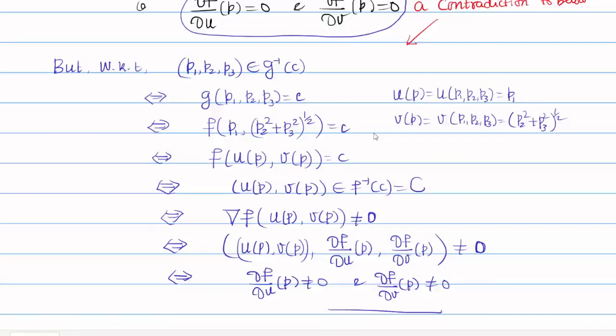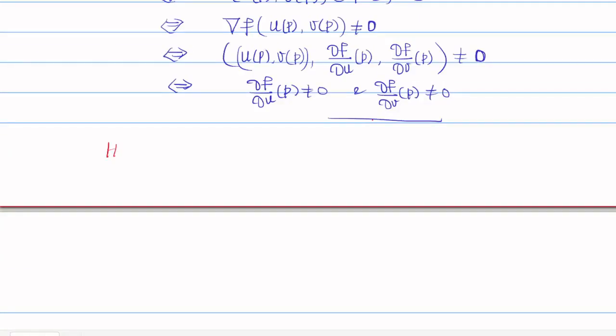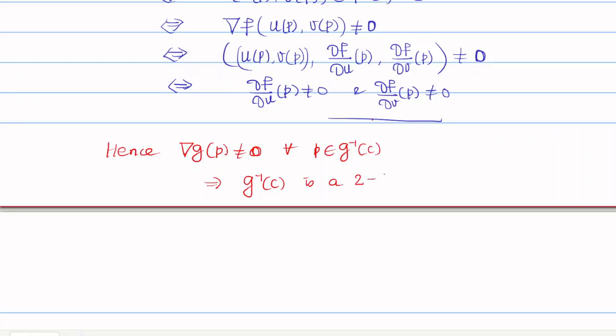Hence del g of p which is not equal to 0 for every p belongs to G inverse of C. So this implies that G inverse of C is a two surface. Hence the proof.